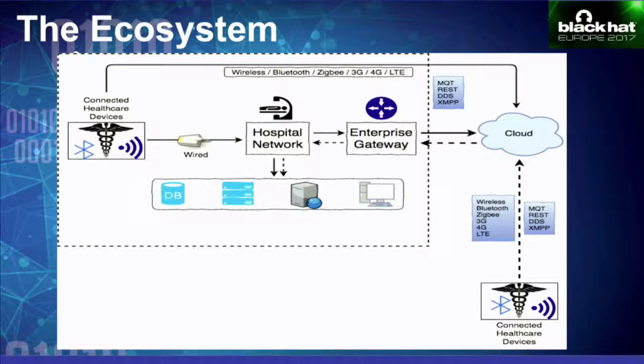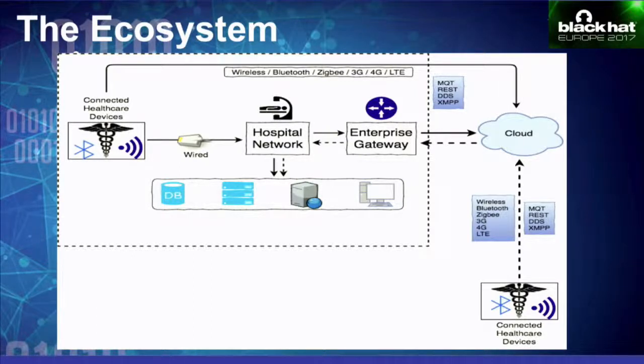When the device is connected to the hospital network, it may use wireless or Ethernet to connect to the hospital's private network. At that point, it would have access to other subsystems within that medical institution. For example, an infusion pump can talk to a pump server. There could be a database on the system where it retrieves data from and then stores data back.